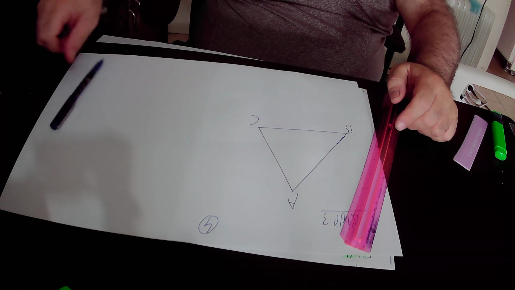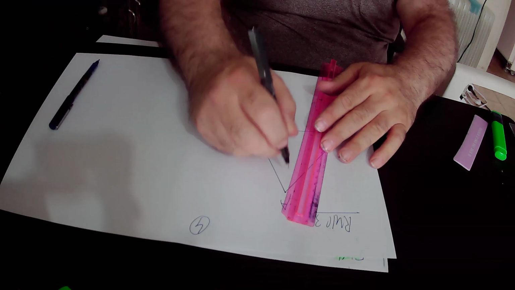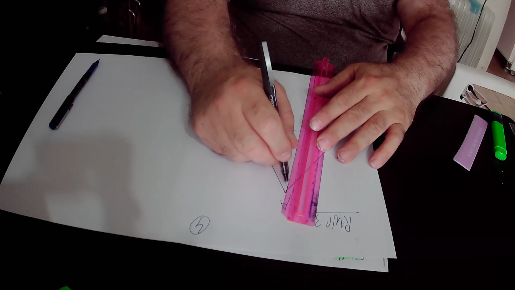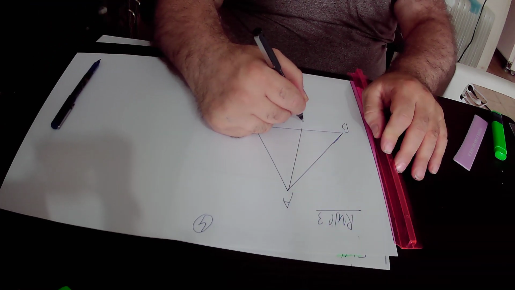And we have here also the angle bisector AD in triangle ABC.